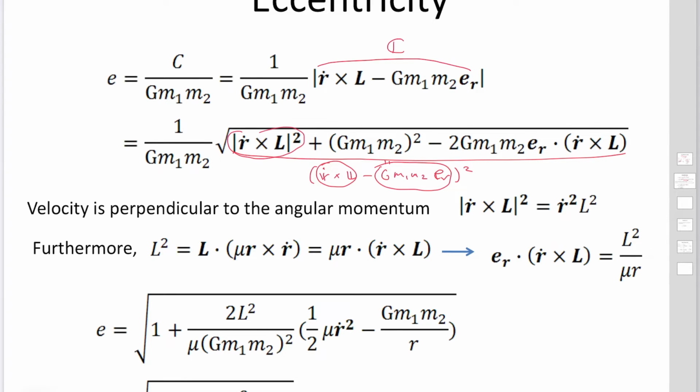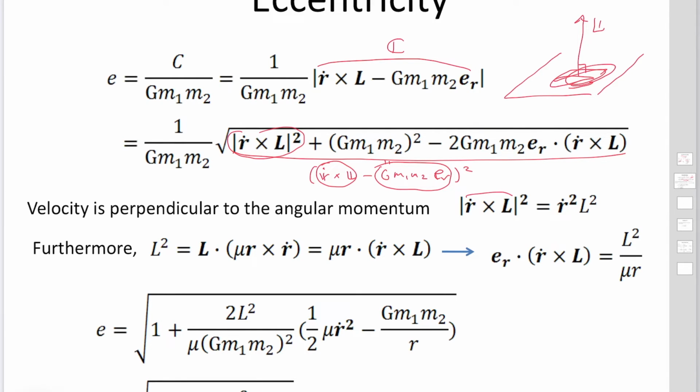The first term is r dot cross L. So this becomes r dot cross L and the sine, but always a velocity. And then this is the L vector. And the particle is moving on the plane perpendicular to L. So the velocity vector is perpendicular to the angular momentum.